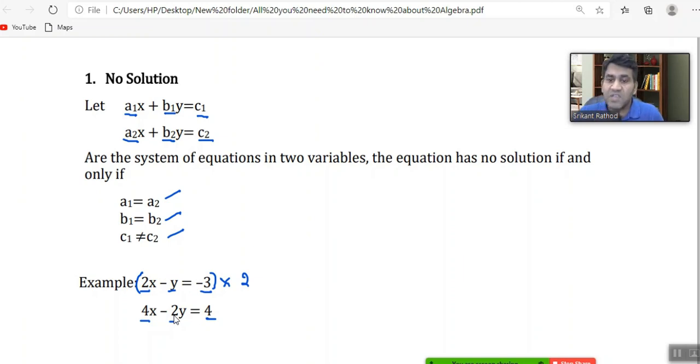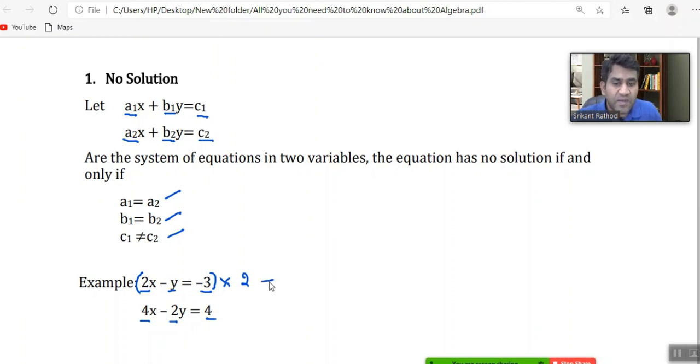They don't just give you a direct expression to identify whether the system of equations has a solution or not, so they may also give it in this way. You have to think: is there a single common number with which I can multiply to make the coefficient of x in both expressions the same, or the coefficient of y in both expressions the same? If so, then you can make it.